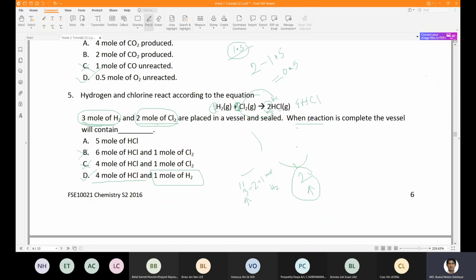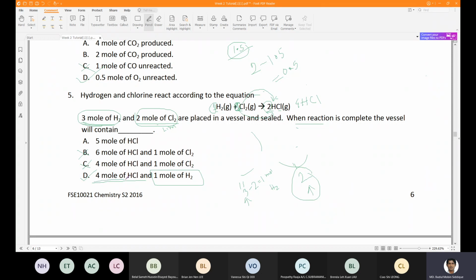In the vessel, all chlorine is used up because chlorine is the limiting reactant. What about hydrogen? Since 1 mole of chlorine reacts with 1 mole of hydrogen, 2 moles of chlorine will react with 2 moles of hydrogen. So 1 mole of hydrogen will be left. All right.